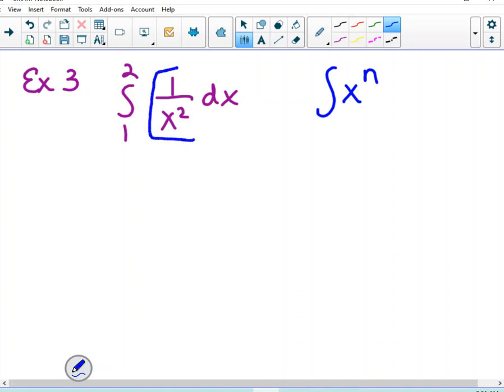So the first challenge on this problem is recognizing, hey, that quotient means I've got a negative exponent. 1 over x squared in x to the n format is x to the negative 2.